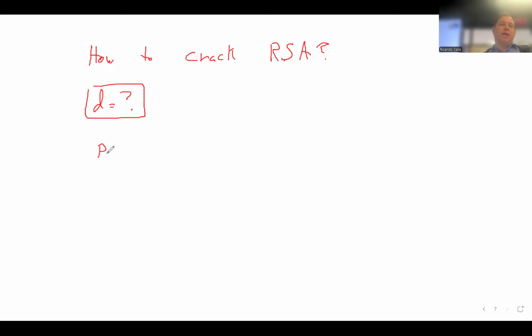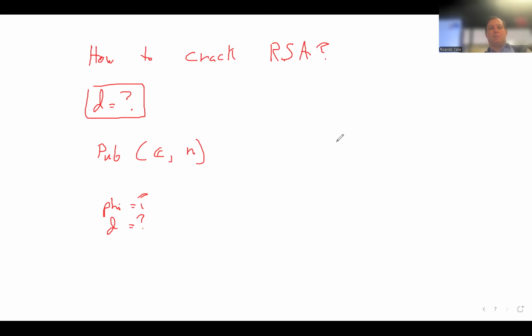We know that we have the public key for sure. So that means we have E and N. We want N so that we're able to factorize it and get P and Q. And from there, we need to calculate phi so that we can calculate D essentially. So that's basically the idea.